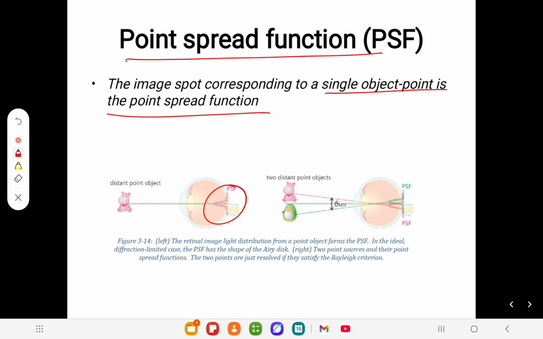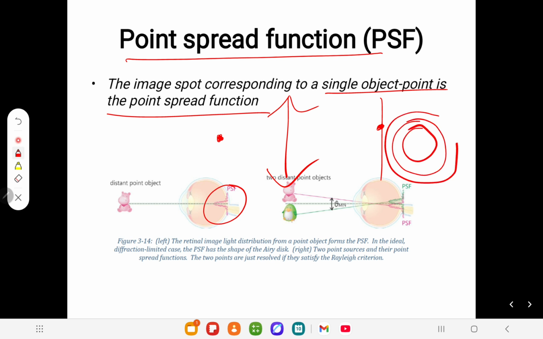Point spread function simply means how a point from the optical system spreads in the image plane. Definitely if aberration is zero, then it spreads like rings, brighter and darker and all these things.